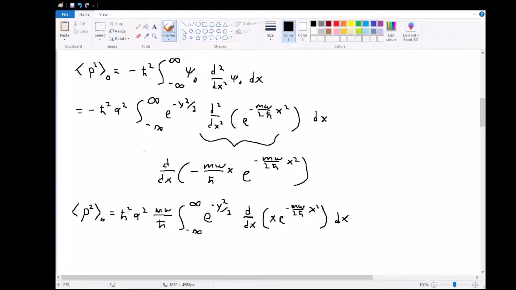Let's do some cancellation here. We have an h bar squared at the top that cancels out the h bar at the bottom, so we're just left with m omega.